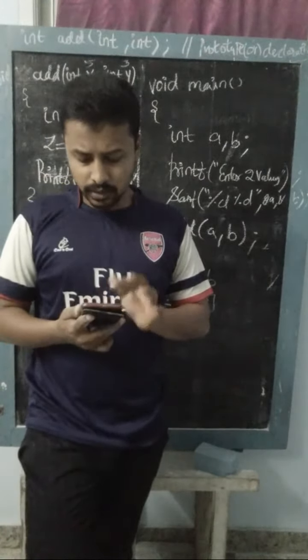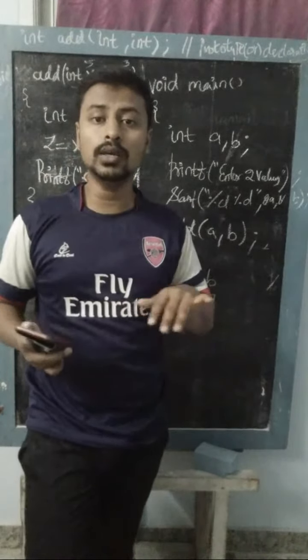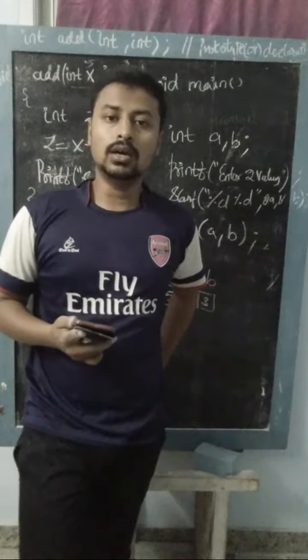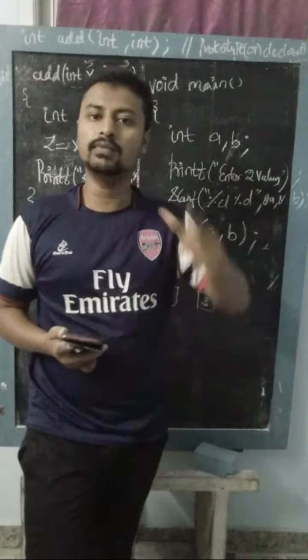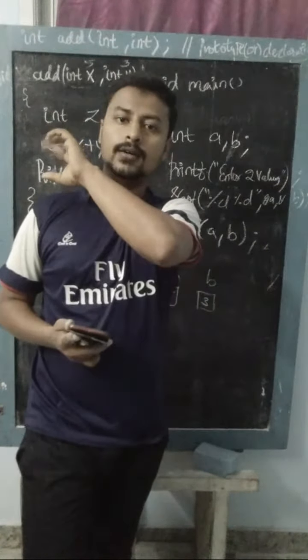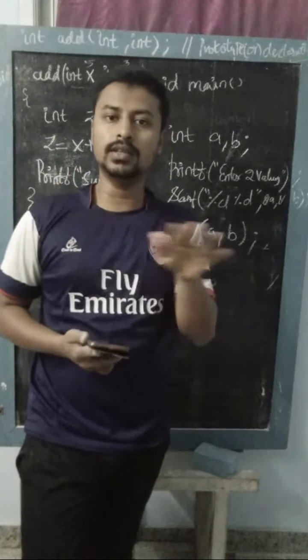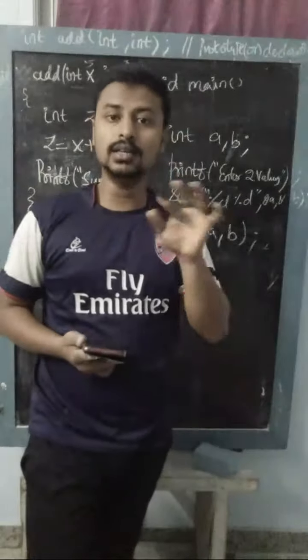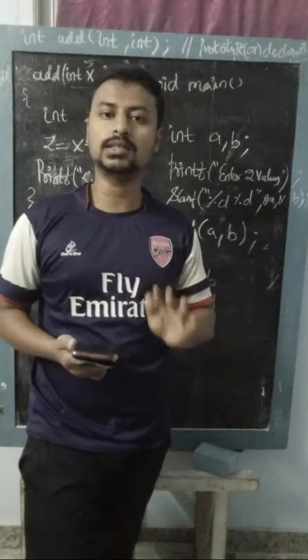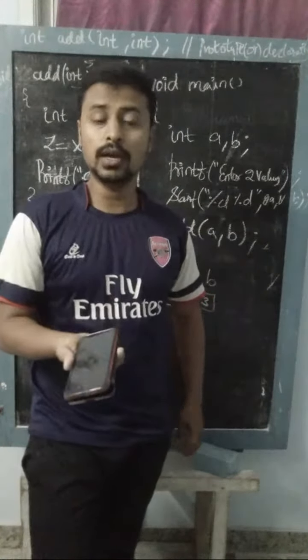Anyway, whenever we are coding into the computer, we should follow all the formalities. We should write all the header files, and we should write the function prototype, everything, because writing the function declaration is a good practice for the program.